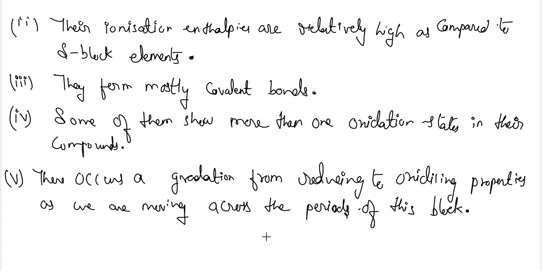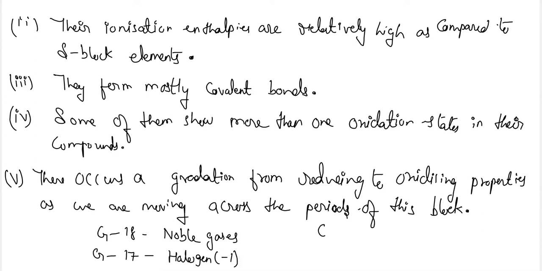The elements of group 18 are termed as noble gases, and the group 17 elements are termed as halogens with -1 valency, while the group 16 elements are termed as chalcogens with -2 oxidation state.